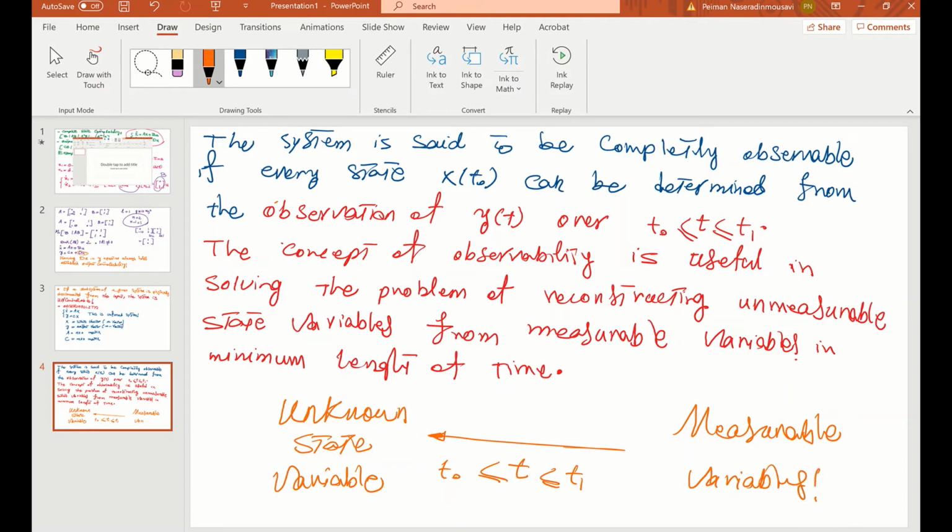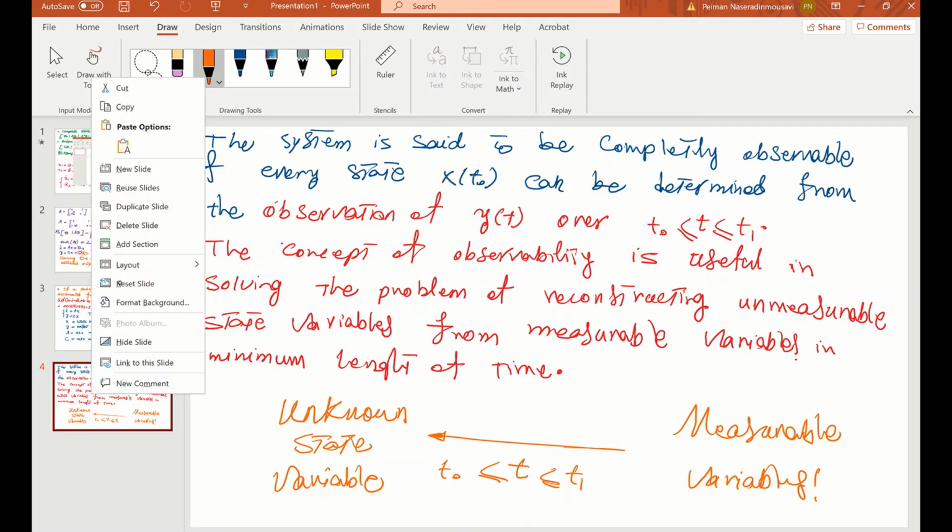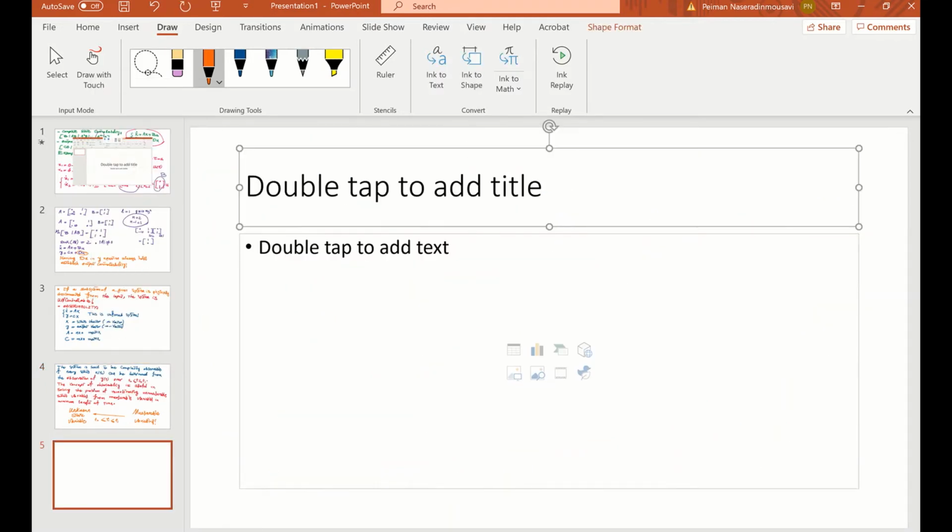That's right, measurable variables. If we can do that, we can estimate the unknown state variables. So this is observability.